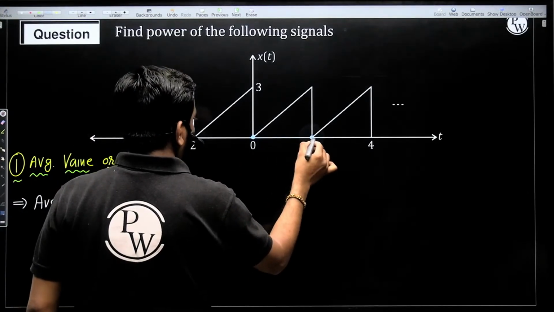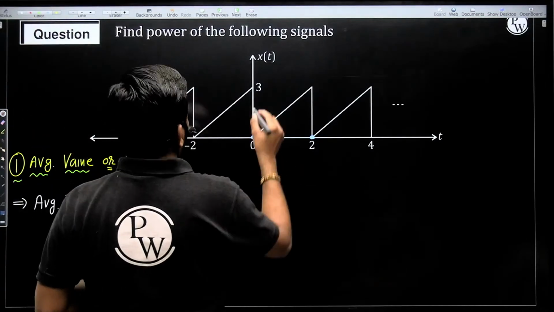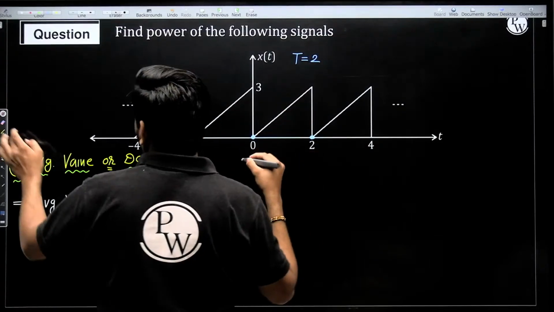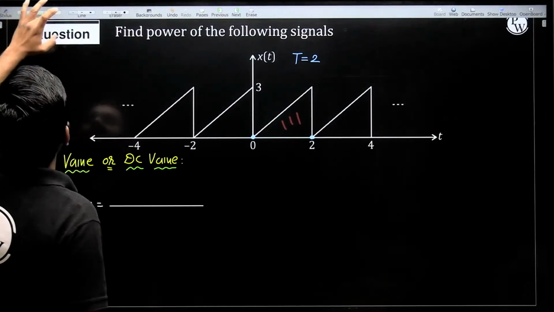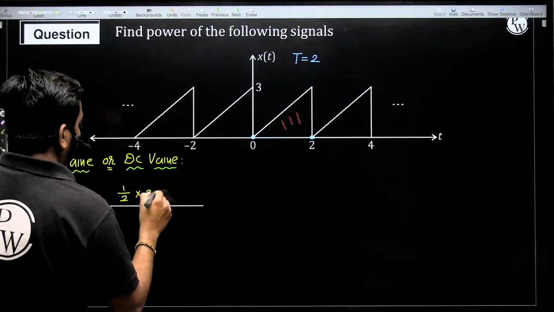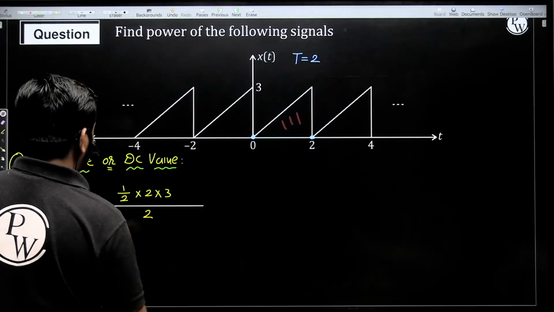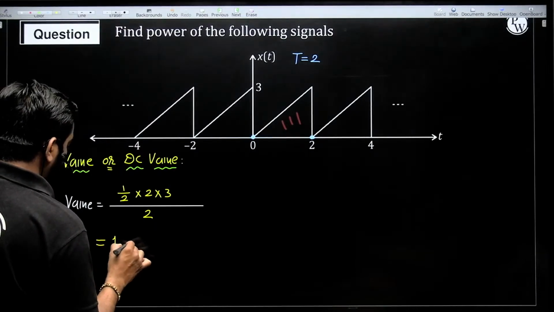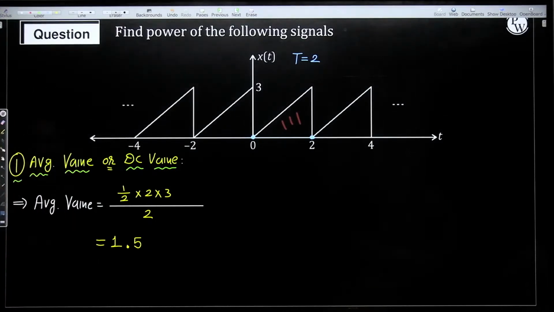From here to here, this is the fundamental time period, capital T. The fundamental time period is 2, and we want to calculate the area of this triangle. Area of triangle is 1 by 2 into base 2 into height 3, divided by fundamental time period 2. Clear? So it will be 1.5. Average value is 1.5.